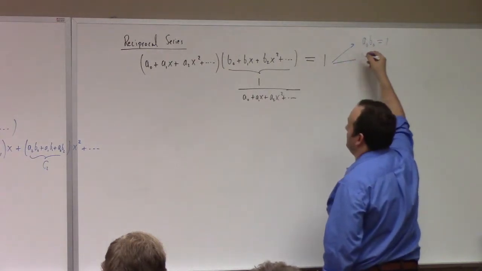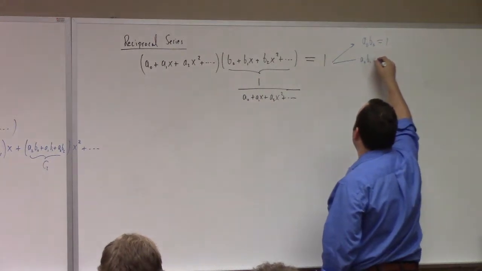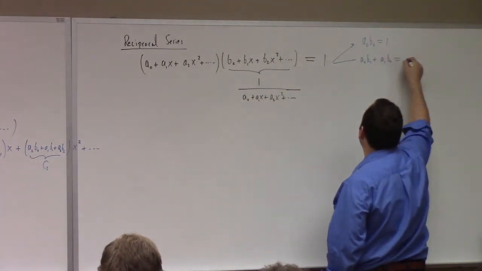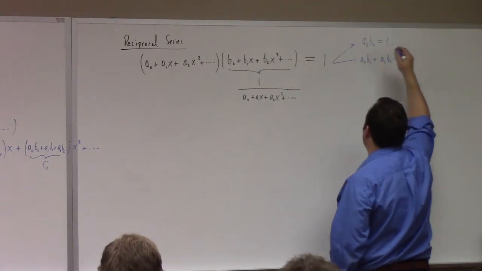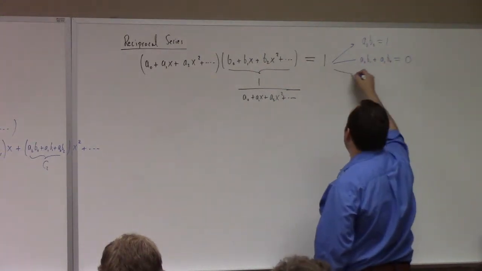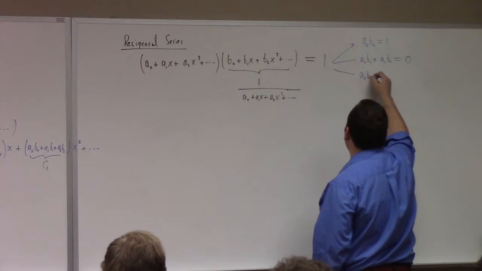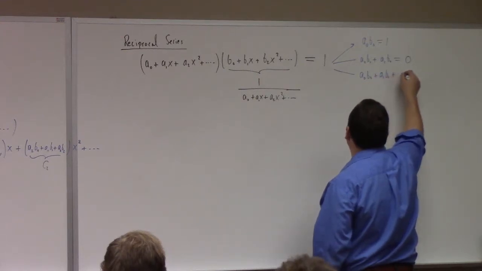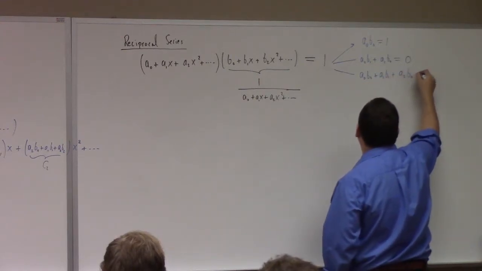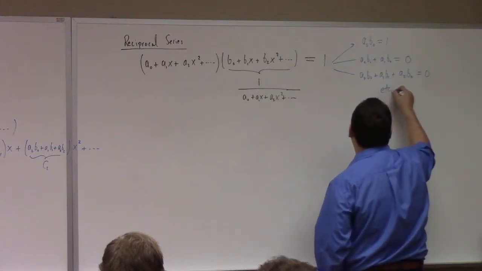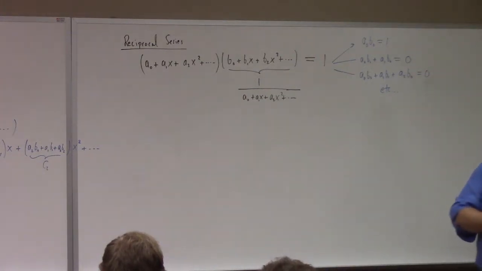It would say that a0b1 plus a1b0 has to be 0, and that a0b2 plus a1b1 plus a2b0 has to be 0, etc. And that's actually an okay way to find inverses if you're just after the first couple terms. It's not too bad to hack your way through this.